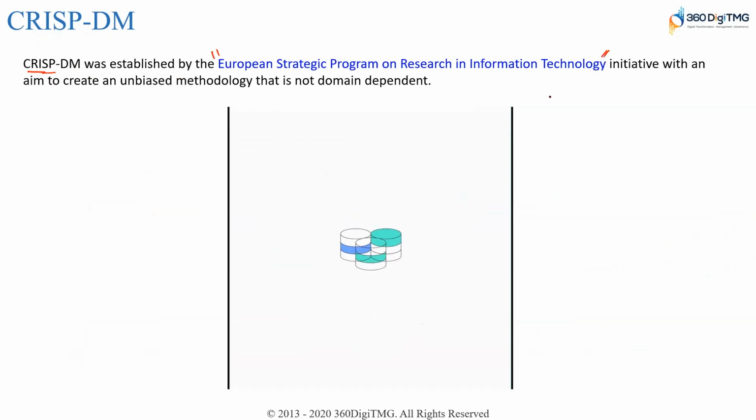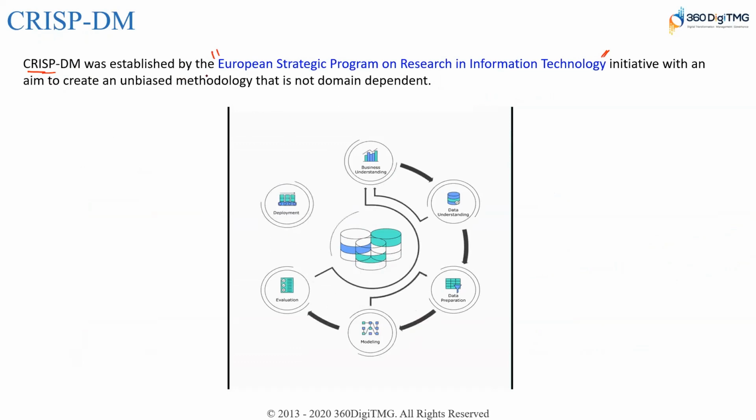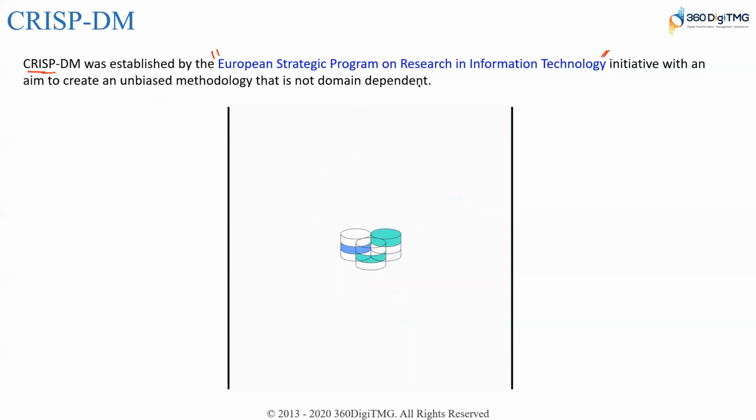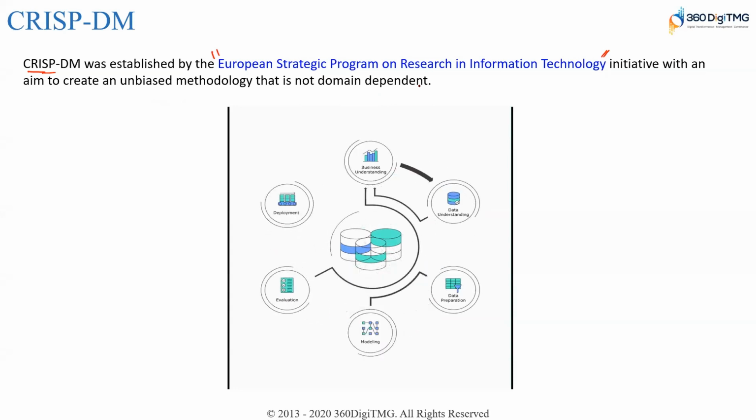That was an initiative which was aimed to create an unbiased methodology that is not dependent on any domain. This is domain agnostic. Do financial analytics or retail analytics or automotive analytics or aviation analytics, doesn't matter. It is domain independent.